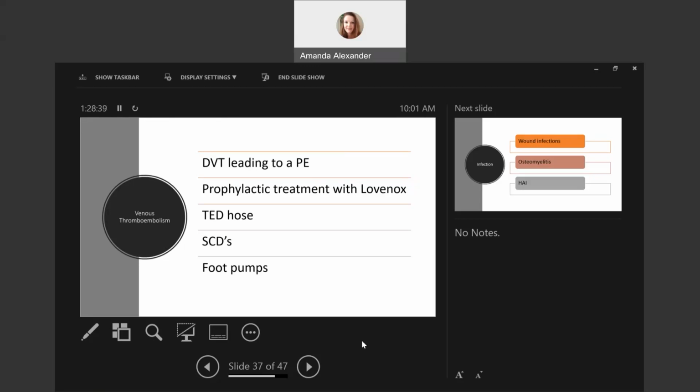TED hose. So TED hose can get placed on people with a lot of edema. This helps prevent DVT. Sequential compression devices, or SCDs, are commonly used in hospitals for anybody that's admitted.